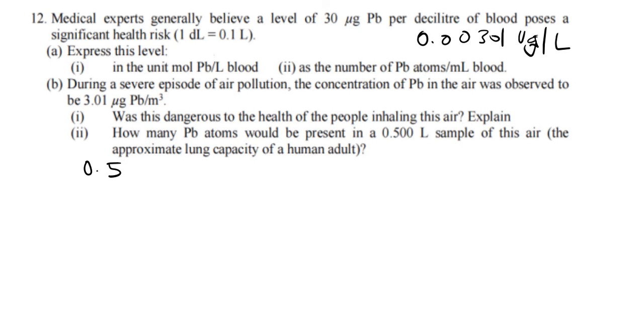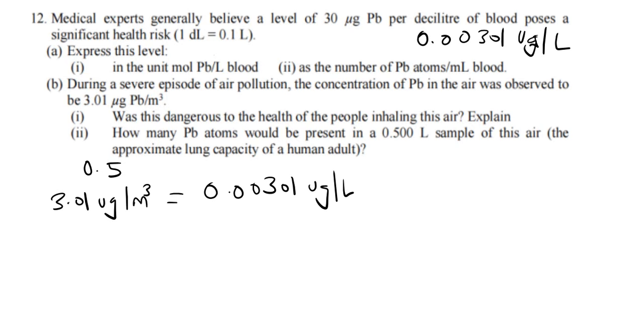What we had initially in the air was observed to be 3.01 micrograms of lead per cubic meter. Converted to liters, it gave us 0.00301 microgram per liter.